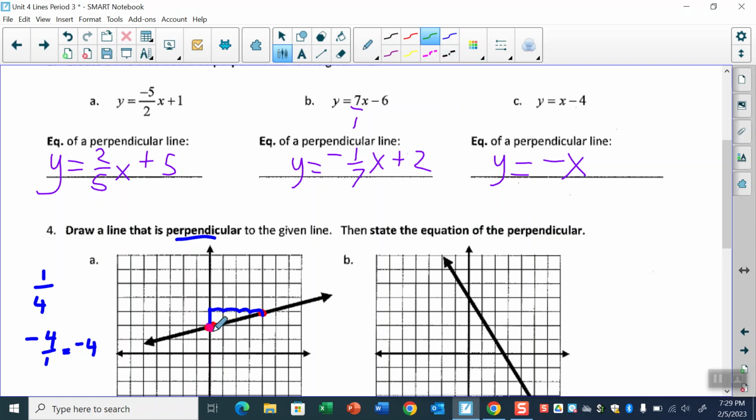I'll use my green. So I'm going to go 1, 2, 3, 4, and over 1. I need to have a negative slope. Oh, that's positive, right? Because I went negative, negative, that's positive. Ay, ay, ay.